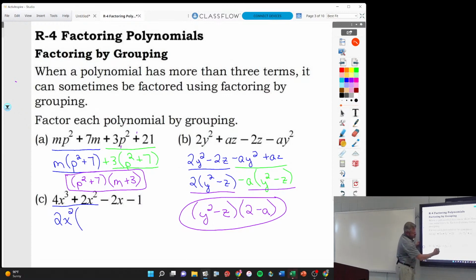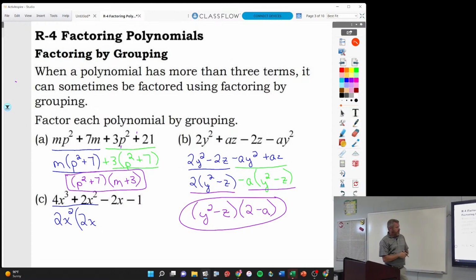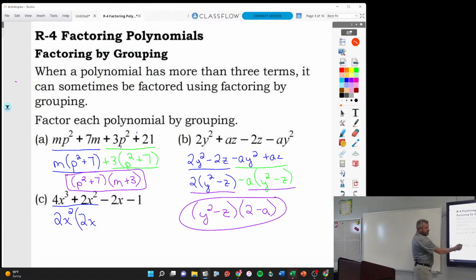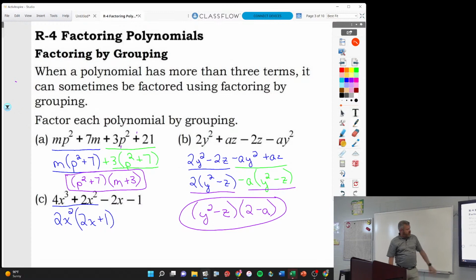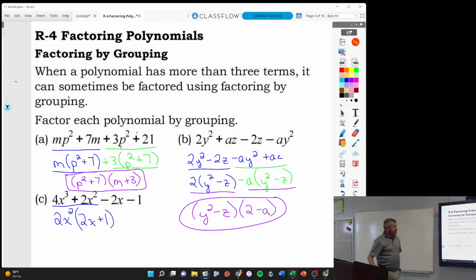Well, 4 divided by 2 is 2. X cubed divided by x squared is x. 2x squared times 2x will give me that 4x cubed back. If I factor a 2x squared out of 2x squared, remember, we have to have something there to represent it. So if I took 2x squared times 1, that gives me my 2x squared back.